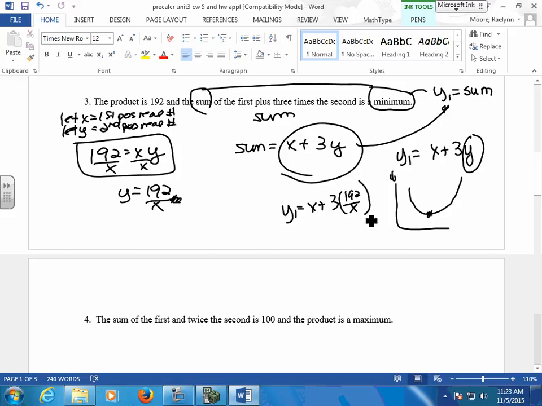Now, my y1 is giving me a sum. When I get my answer back for my minimum, my vertex point, this is going to be my first number. This y is going to be my sum. See if you can find it.